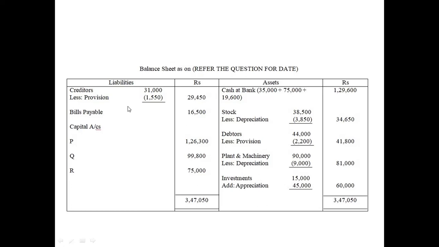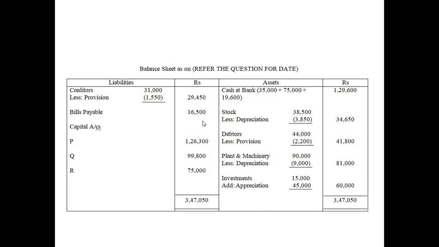Okay, so the creditors will be reduced by 1550 because we are creating provision against the creditors. Okay, so the amount will be 29,450. This bills payable is from the balance sheet because there is no adjustment regarding bills payable, so we write the amount directly. And the general reserve was 25,000, isn't it?